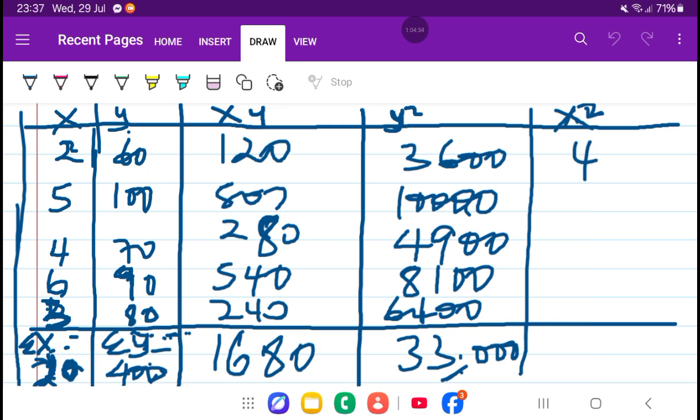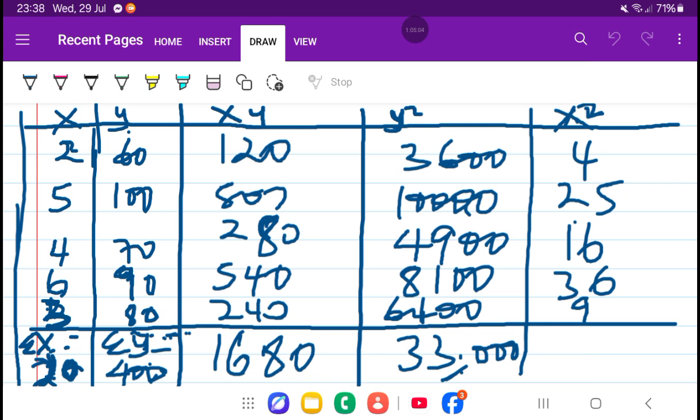This is 4, this is 25, this is 16, and this is 36, and this is 9. This one we are just putting, but it's not all that necessary. 16, 25, 4, 36, and 9.